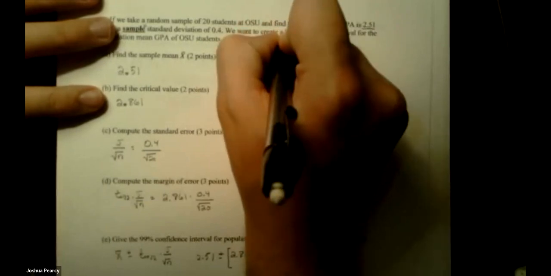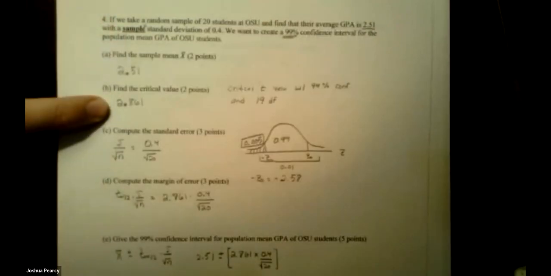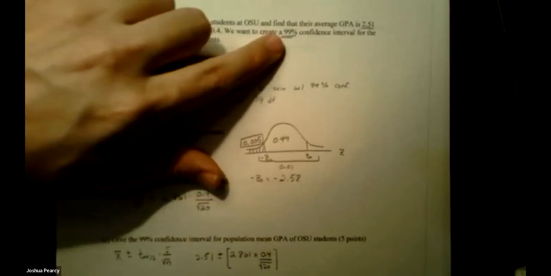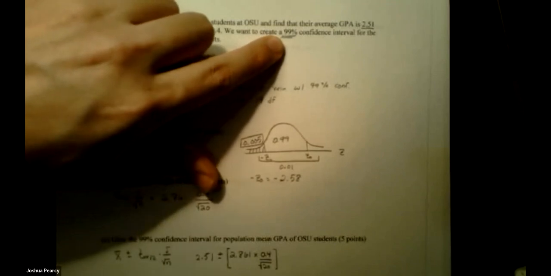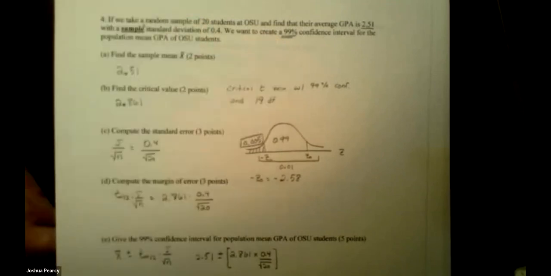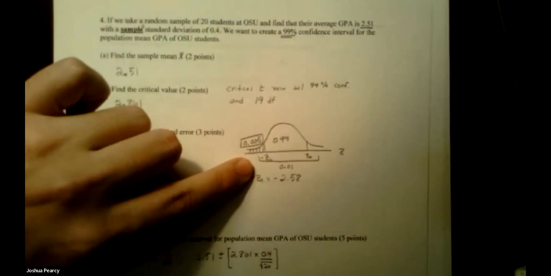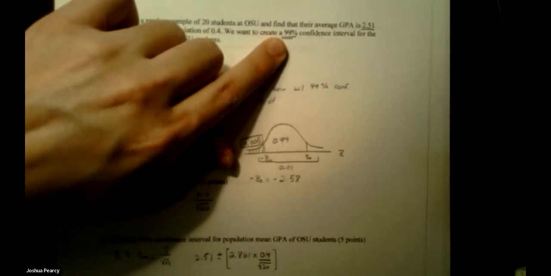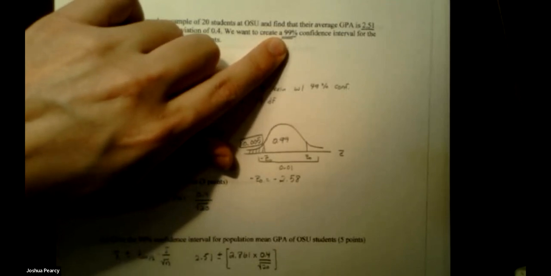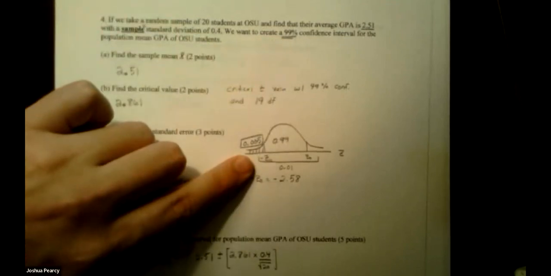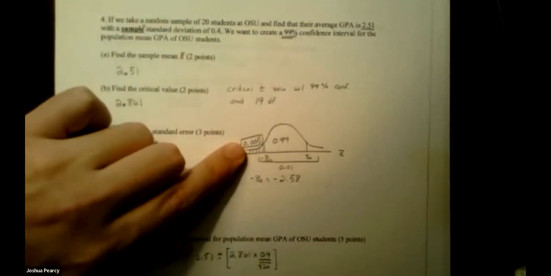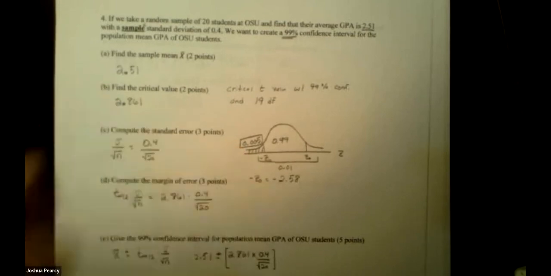So if I change this confidence level, this critical value will change, for instance. If you're doing a T, you'll just look at the table and intersect that new confidence level with the degrees of freedom. And if it's a Z, you'll have to do this same thing here. Just look at the area in the middle as the confidence level as a decimal, and then take half of the area remaining to the left, and then just look at that area in the table to find the critical value.